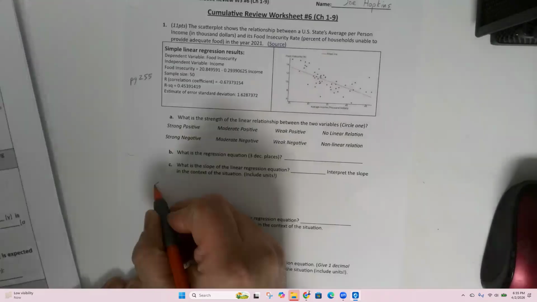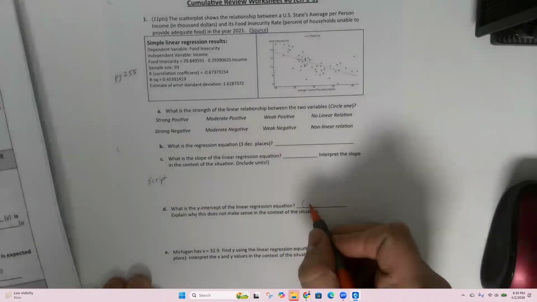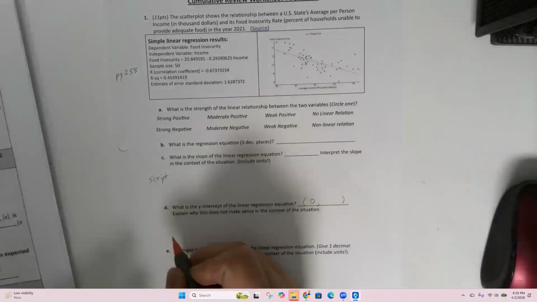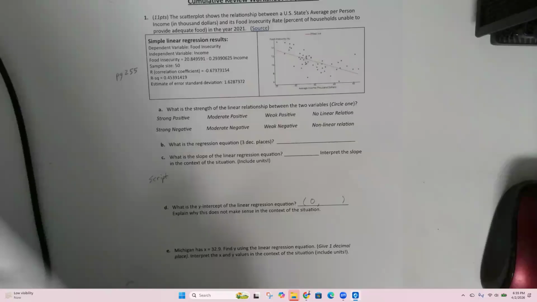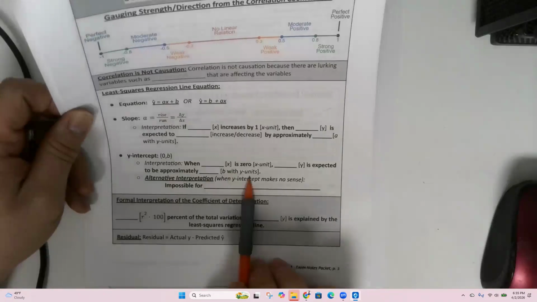There's a script for slope, right? What is the y-intercept? Remember that the y-intercept is 0 comma something. It's a point on the graph, so you need the 0 as well. Explain why this does not make sense in the context of the situation. There are 2 scripts for that on this page. There's when x is 0, y is expected to be this.